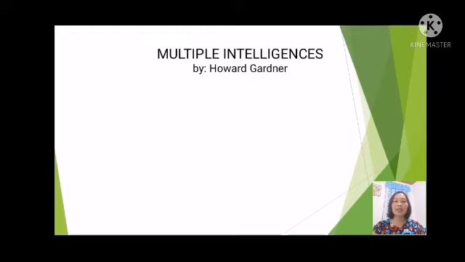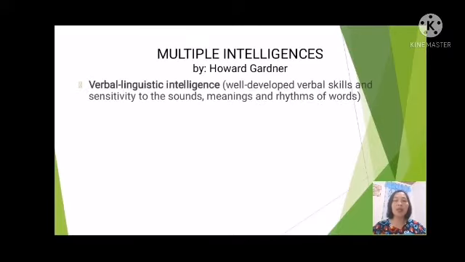The next is about the multiple intelligences. So all teachers know that our learners have different skills, different talents, and Howard Gardner has nine multiple intelligences. First is the verbal linguistic intelligence. When we say verbal, it will develop verbal skills and sensitivity to the sounds, meanings, and rhythms of words.